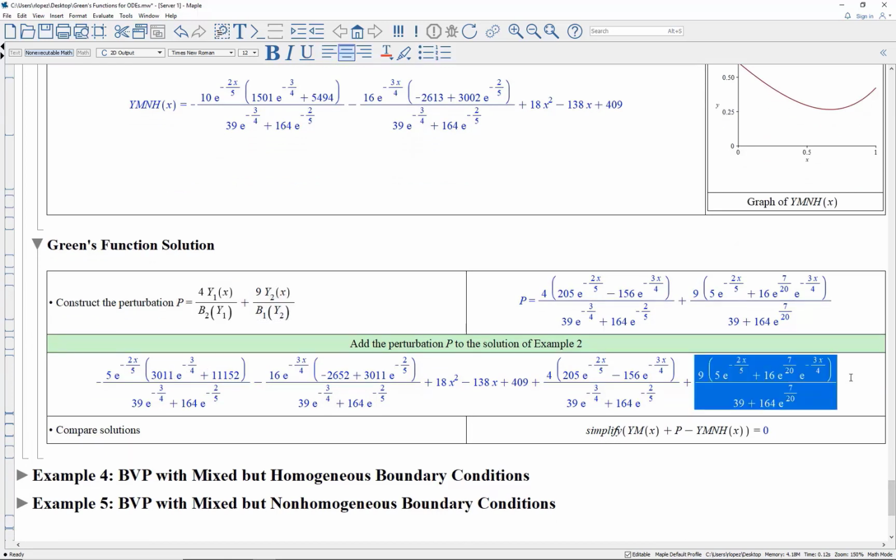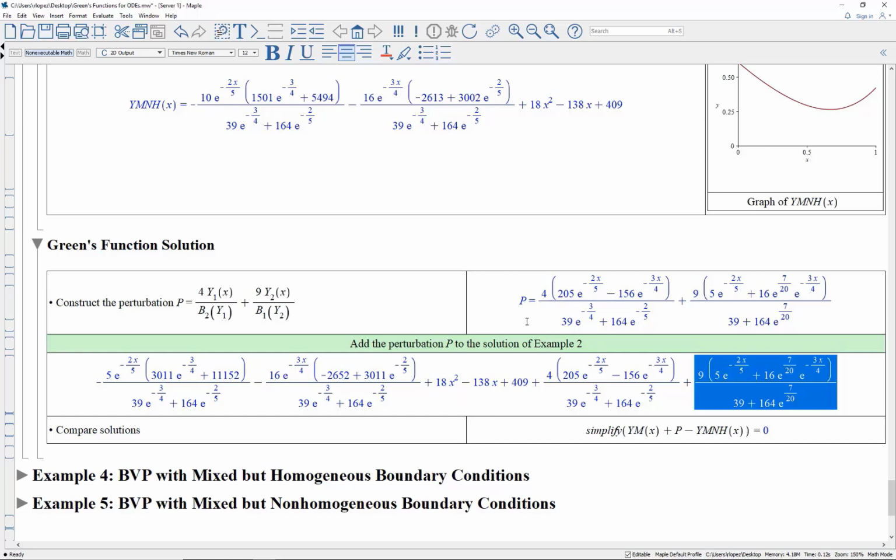This is what you get. And we make the comparison. So you've got Y Maple from the previous example, example 2, homogeneous data. This is the perturbation you add on to make it work. This is Y Maple non-homogeneous, with non-homogeneous data, and the difference is 0, so it works.